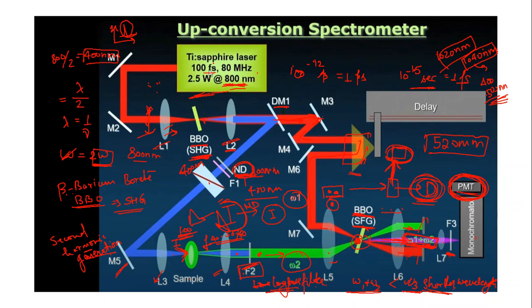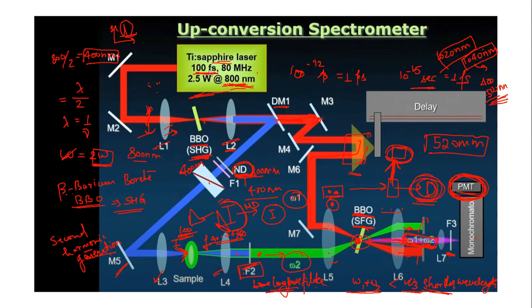Here we use a titanium sapphire laser which has a wavelength of 800 nanometer and gives a pulse of 100 femtoseconds. So it gives this much short pulses. This source of 800 nanometer with a frequency of 80 megahertz goes through this.